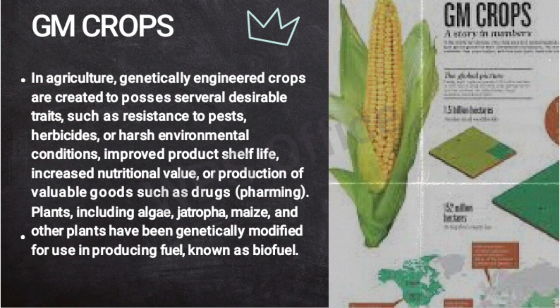Plants including algae, jatropha, maize, and others have been genetically modified for use in producing fuel known as biofuel. The purposes of genetically modified crops generally include resistance to certain pests, diseases, or environmental conditions, or resistance to chemical treatments. For example, resistance to a herbicide.